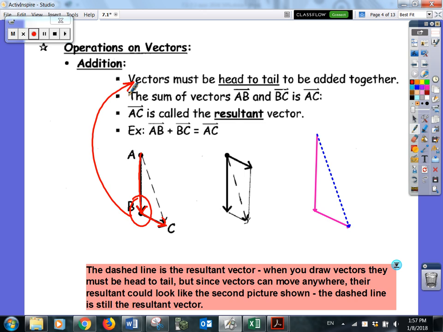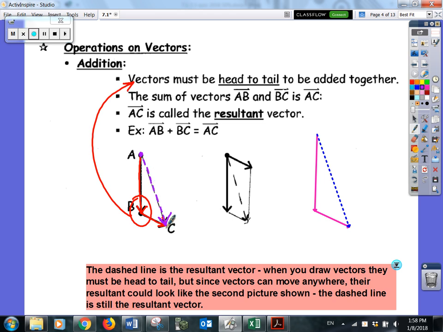If we want to find the result of those two, that's what you're trying to do. If I said what's 2 plus 3, you wouldn't just write 2 plus 3, you'd write the result. It's 5. So here the result is this dashed line right here. Notice it has an arrow on it. It starts right here.